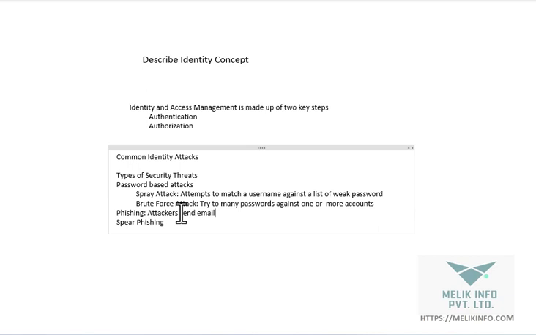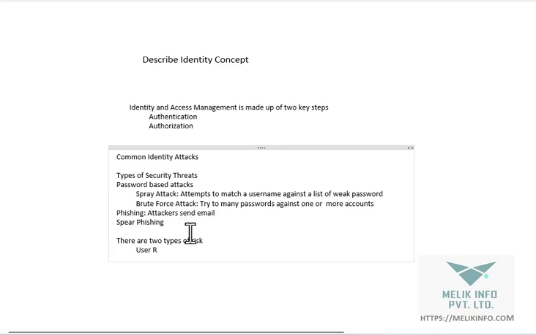Now we have two types of risk: user risk and sign-in risk.